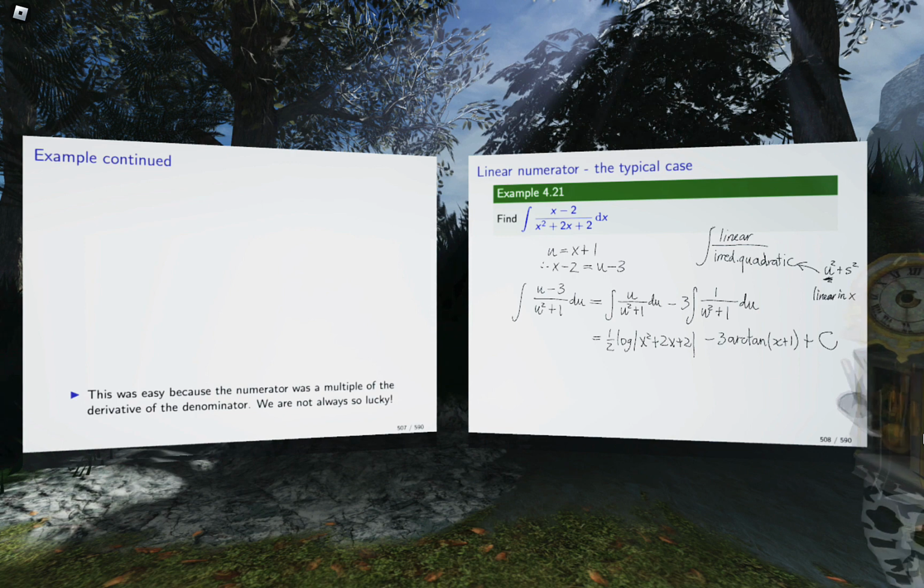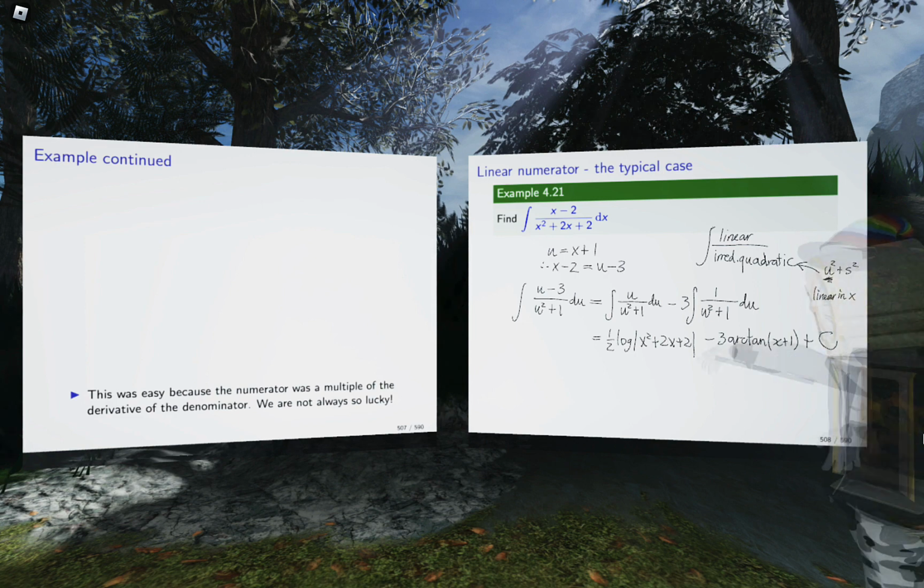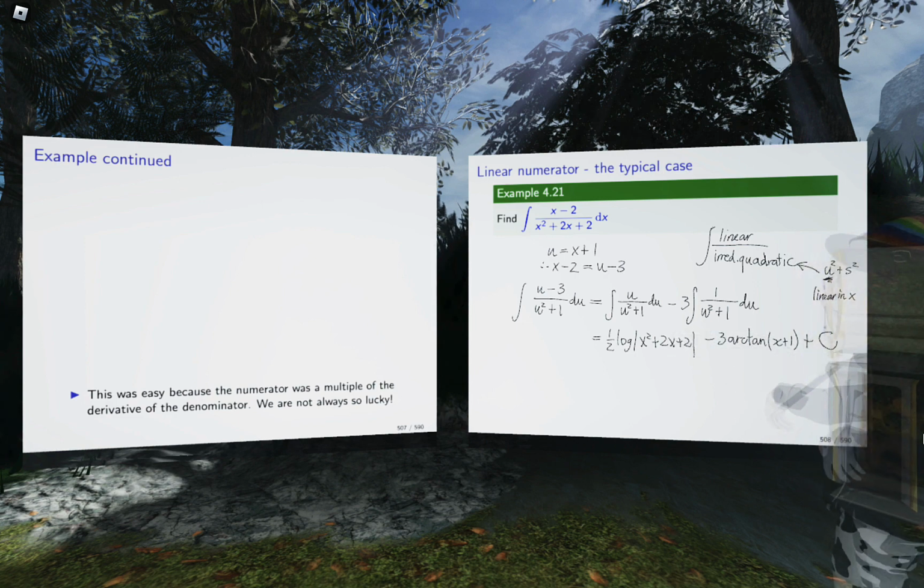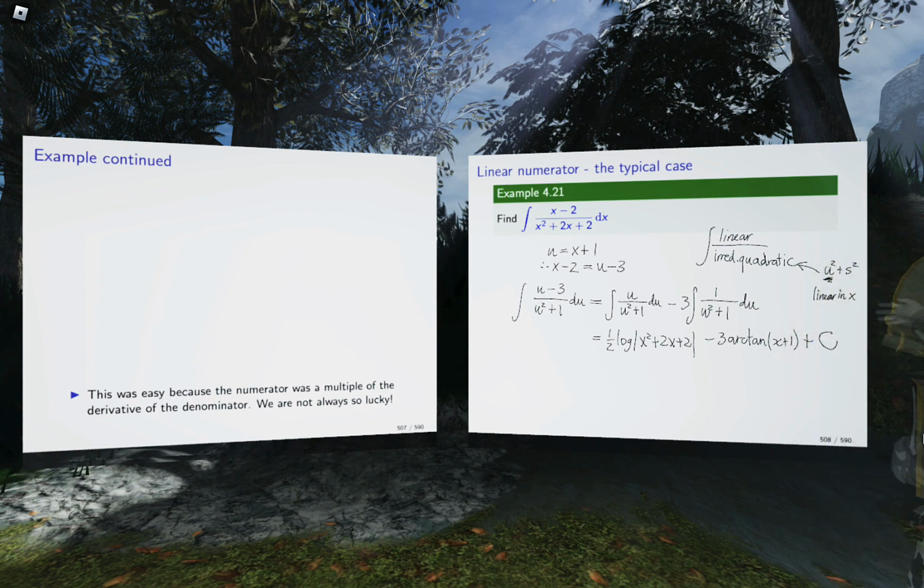So it's cu plus d for some c and d. But then the first term, which looks like u divided by u squared plus s squared, will give rise to a logarithm. And the second term, which looks like 1 divided by u squared plus s squared, gives you an arctan. So the numbers will be different, but the general case of linear divided by irreducible quadratic will go exactly like this. So we're now done with this case.